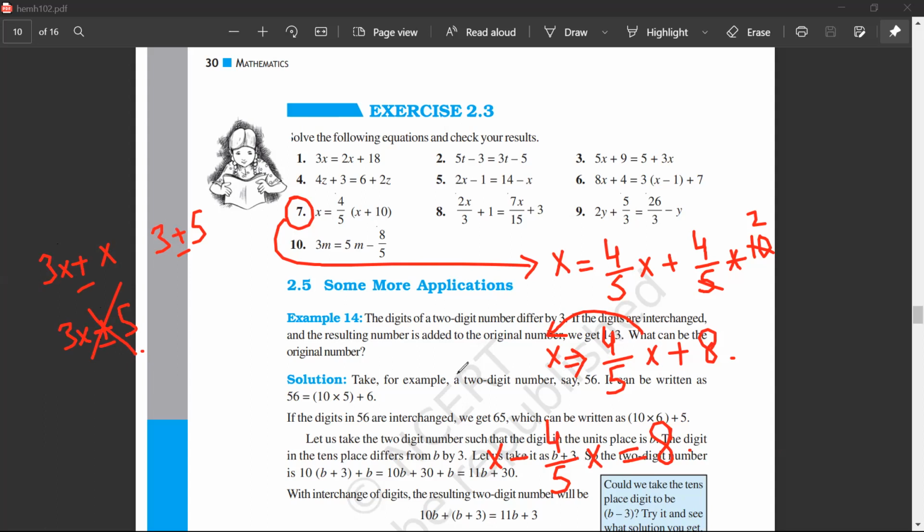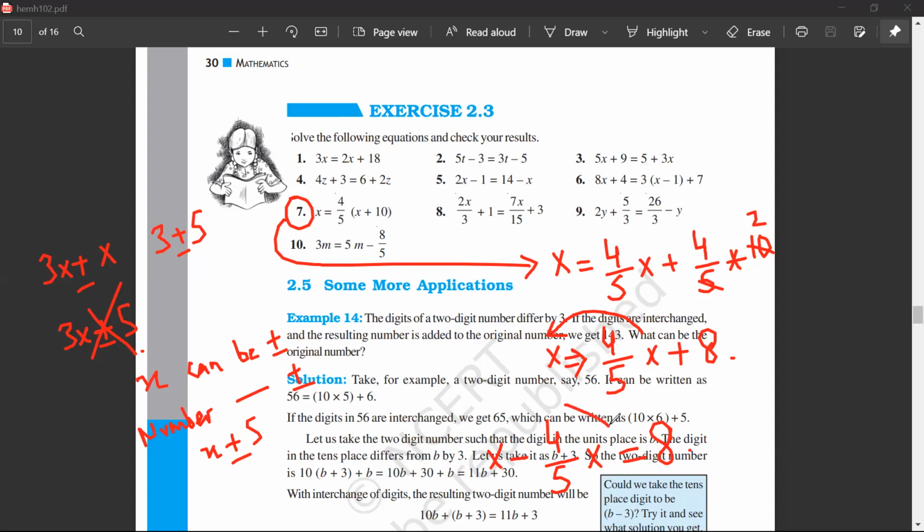Yes, sir. So the x's would be added to the x's. X's can be added or subtracted. Similarly, numbers can be added or subtracted. But you can't add an x to a 5. That you can't do or subtract. Satya, have you understood? Yes.